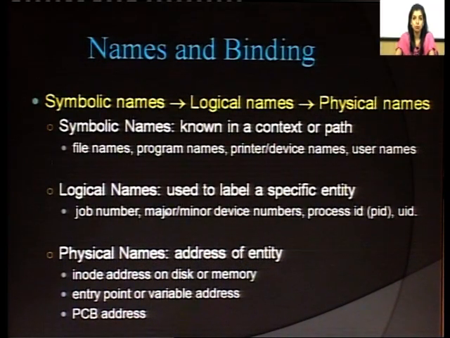A logical name is used to label a specific entity, either a process ID, job number, device number or user ID, whereas a physical name is the address of the entity, the address of any process on disk or memory.